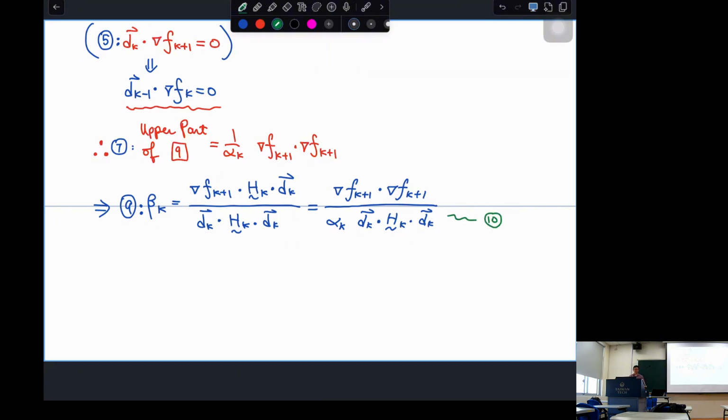Okay, so we already resolved the unwanted Hessian in the upper part. We rewrite the upper part in such a form that we no longer need to compute the Hessian in the upper part. But for the lower part, we still need to compute the Hessian.